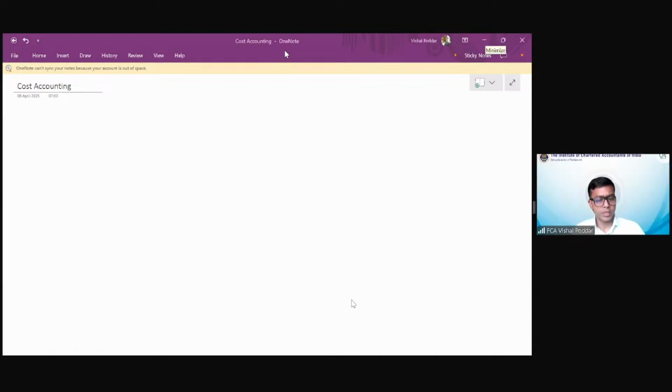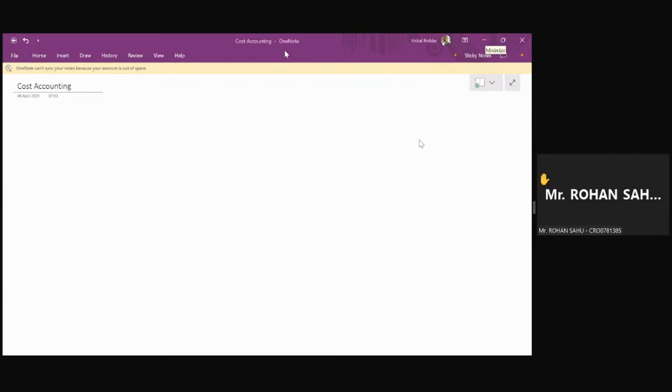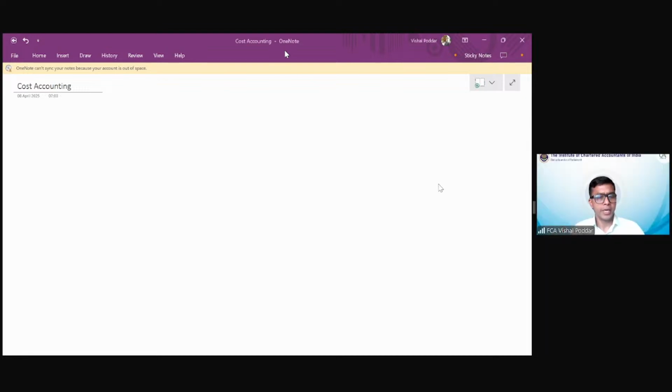Okay. See, when you're talking about cost pool, though this term is used only in ABC, it has a generic meaning. What is this generic meaning? Let us understand. What is a pool? We use this word wherever there is a swimming pool or a resource pool. Pool means where things accumulate and come together.